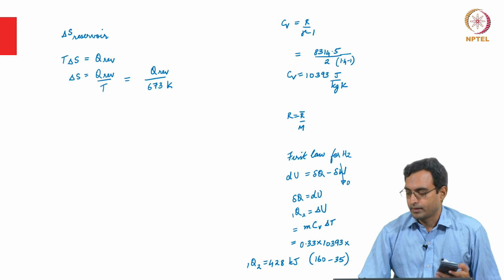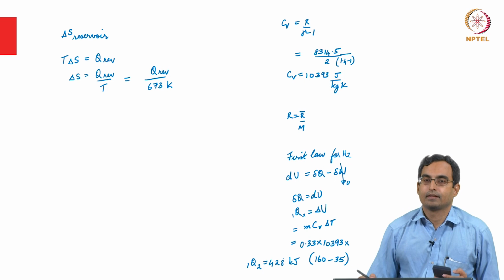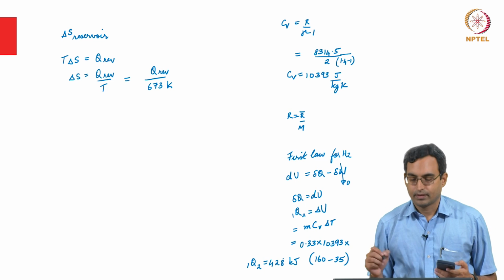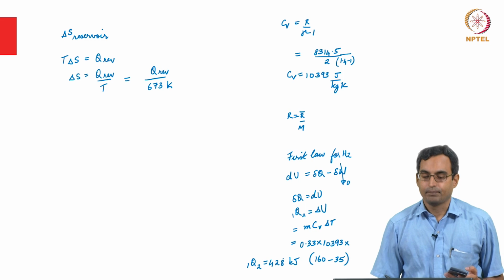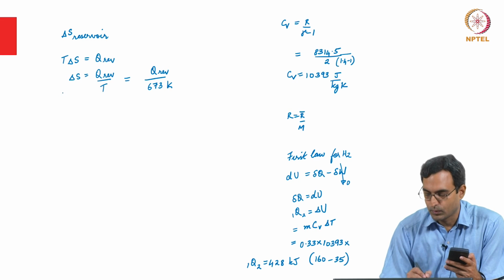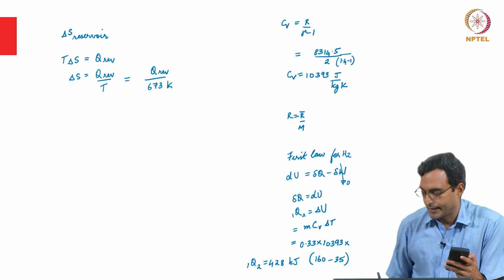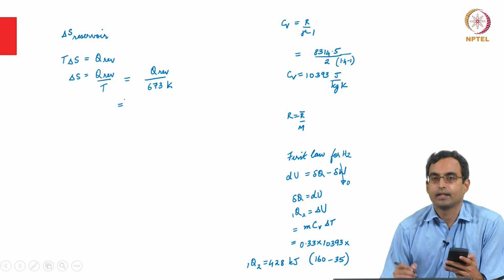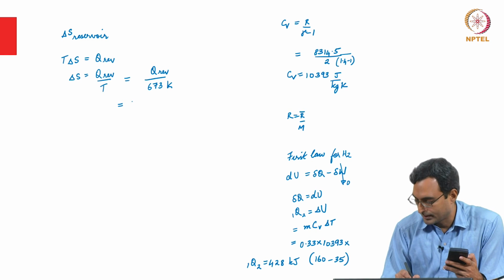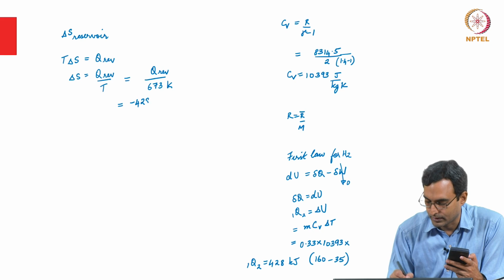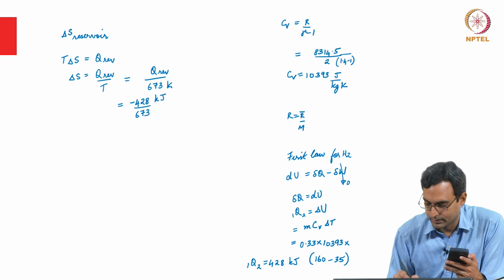T2 is greater than T1, delta T is positive. This is energy coming into the hydrogen, which is positive for the hydrogen system. For the surroundings or the reservoir, the heat transfer is negative because it is heat going out of the reservoir. So, this is essentially minus 428 kilojoules divided by 673 Kelvin.